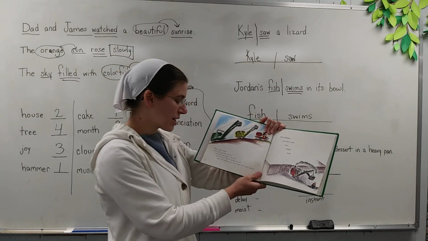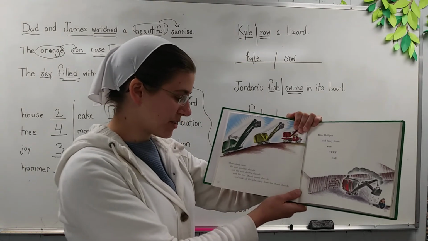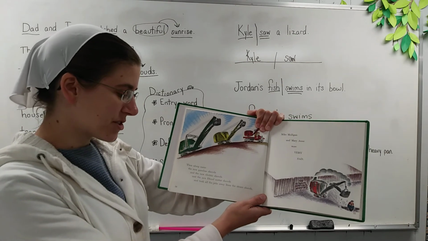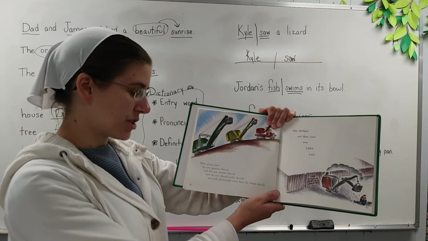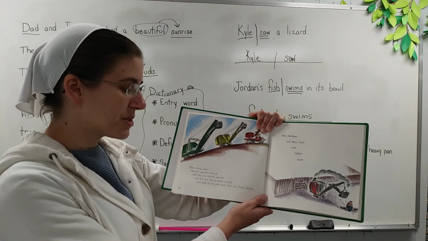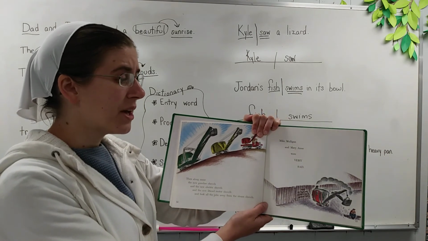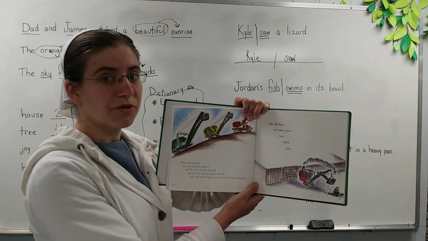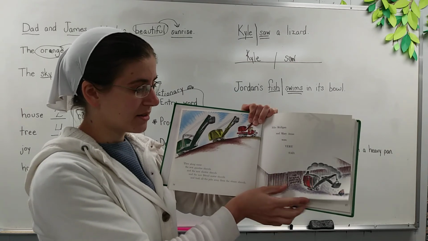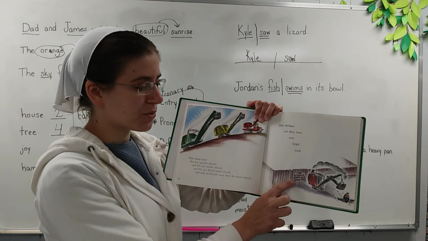Then along came the new gasoline shovels and the new electric shovels and the new diesel motor shovels and took all the jobs away from the steam shovels. Mike Mulligan and Marianne were very sad. No steam shovels wanted.